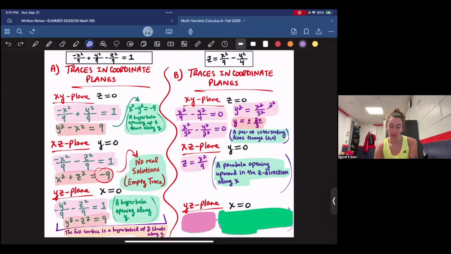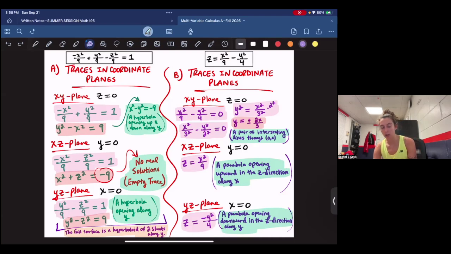And then finally, our yz plane, when x is equal to 0, we once again have another parabola, but now it's going to be opening downward because our z is going to be negative y squared over 4. And so we have a parabola opening downward in the z direction along y.